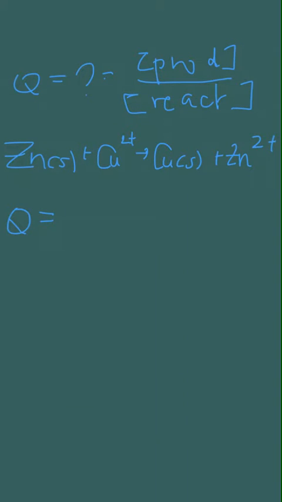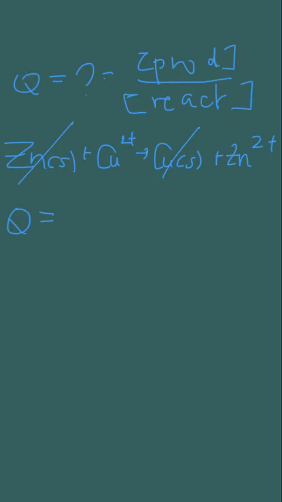Now, Q is equal to the concentration of products over the concentration of reactants. In this particular reaction, the reactants are zinc solid plus copper 2 plus equals copper solid plus zinc 2 plus. We don't include solids because we know that their concentrations stay the same during the reaction.